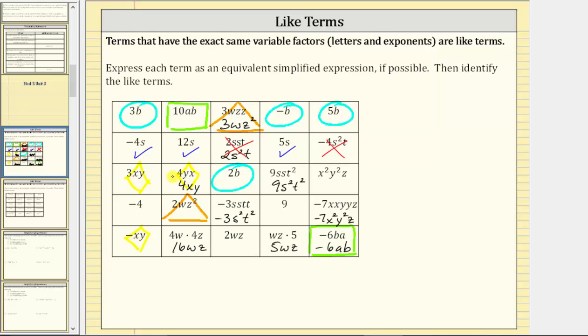And now let's look for the like terms with 9s squared t squared, which means we are looking for all the terms that have 2 factors of s and 2 factors of t. So negative 3s squared t squared is a like term with 9s squared t squared.